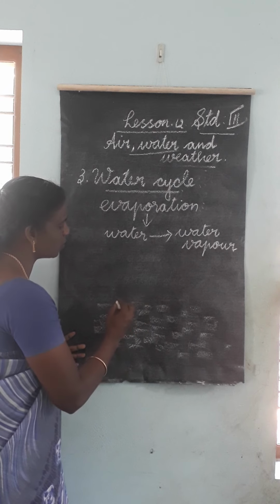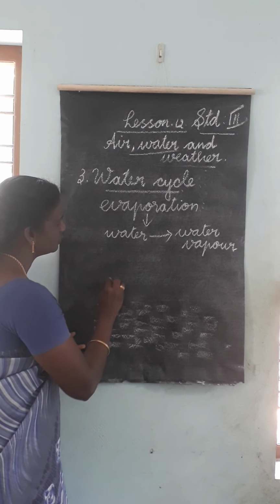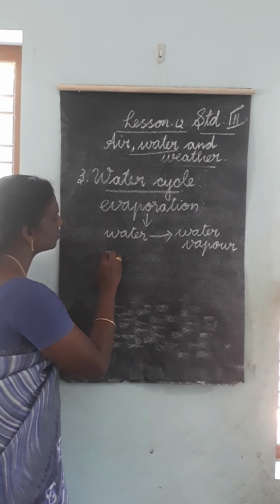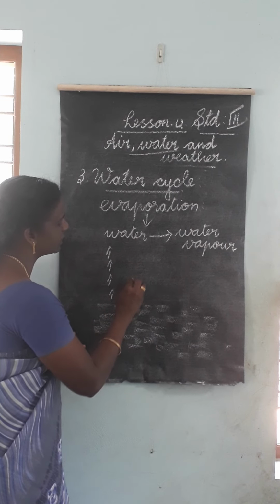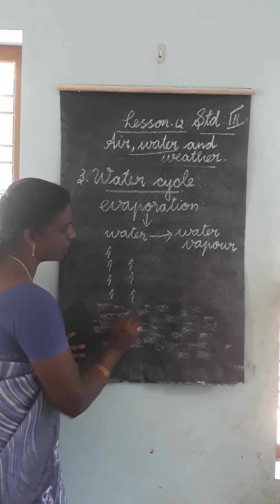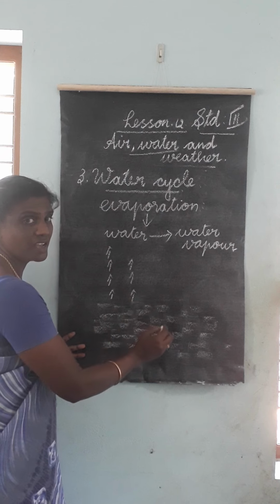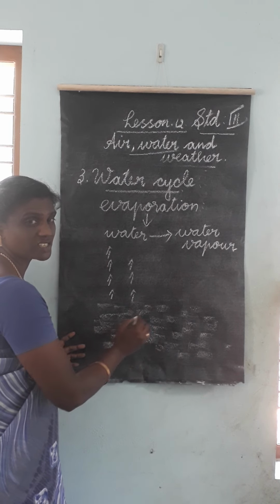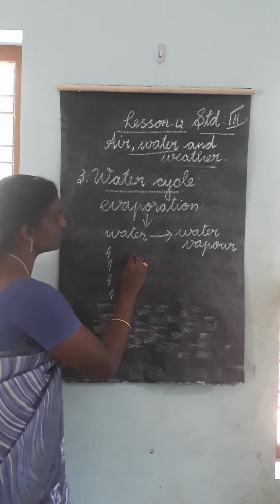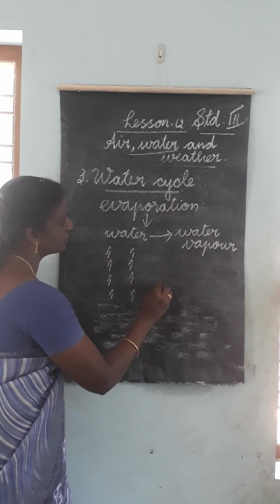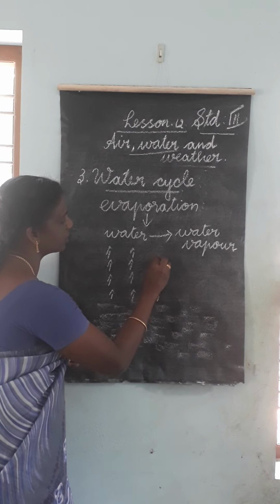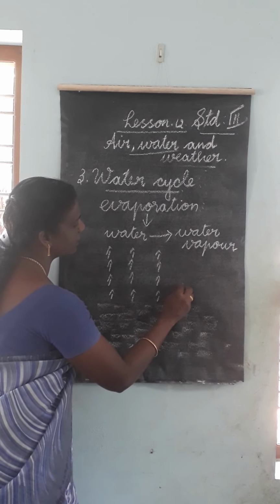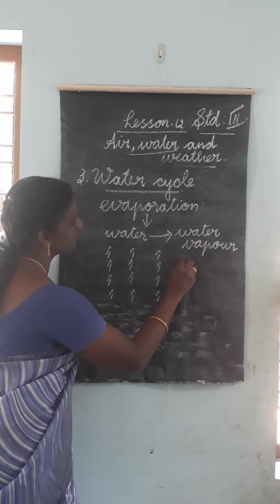So this water is heated by the sun. This is the water vapor, water droplets.